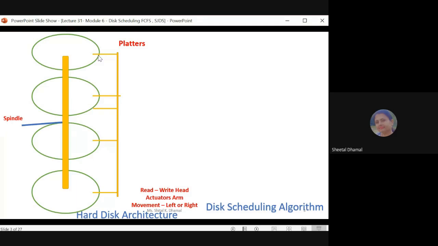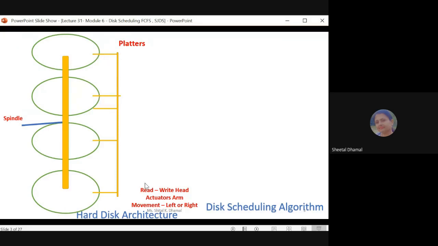So this read write head can move in only two directions, either left or right. Why does it move left to right and right to left? Because the data is saved on the platter everywhere, in 360 degrees. Now suppose the operating system wants to read the data from this direction, then it will move the read write head from the rightmost side to the leftmost direction. So it moves in the left direction or in the right direction, and this is how the movement happens.